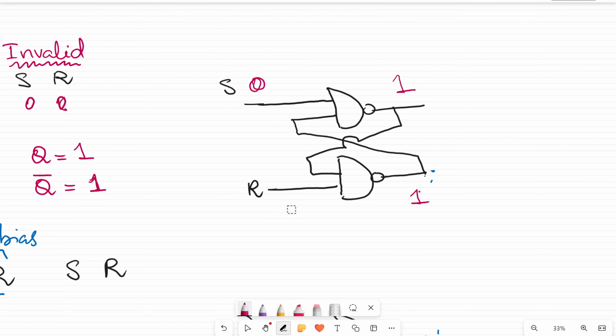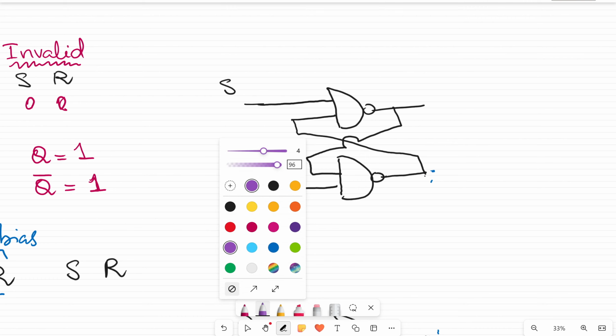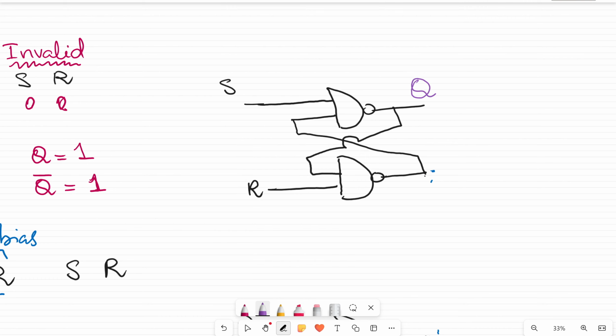Now coming to the tip of drawing the latch. In NAND gate always remember कि किस तरह से drawing काम करती है. So right in front of the set will be your Q. ठीक है? So when the set is 0, this becomes 1.